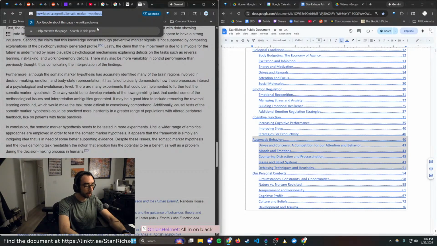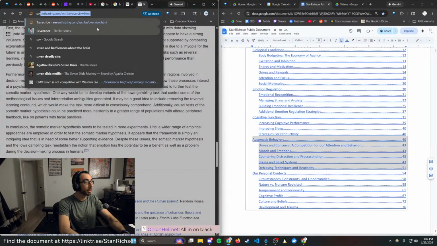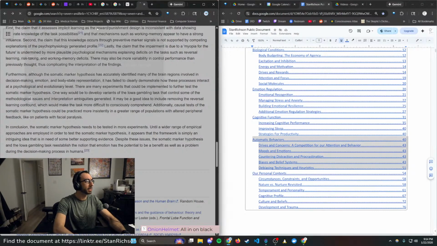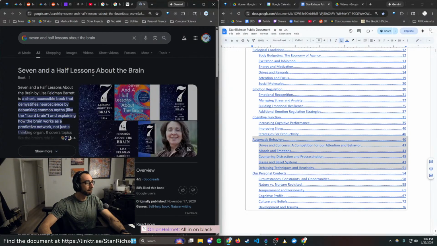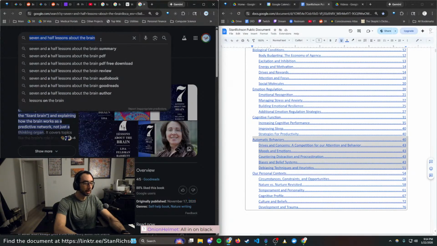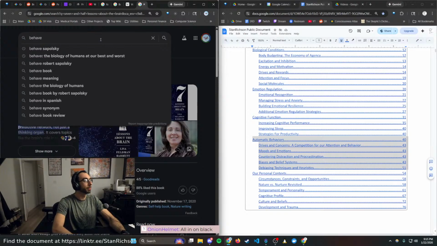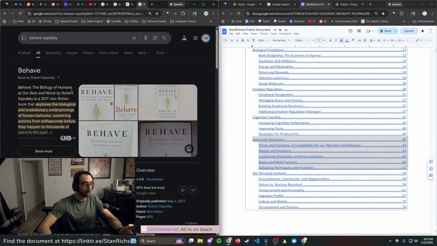So Lisa Feldman Barrett's Seven and a Half Lessons About the Brain, she leveraged the somatic marker hypothesis. Behave by Sapolsky, which I just started reading, has literally already talked about the somatic marker hypothesis as it relates to our rational thought.